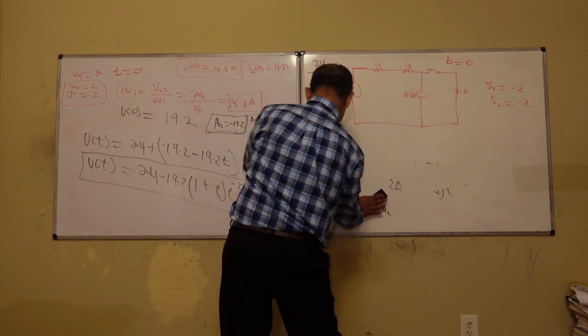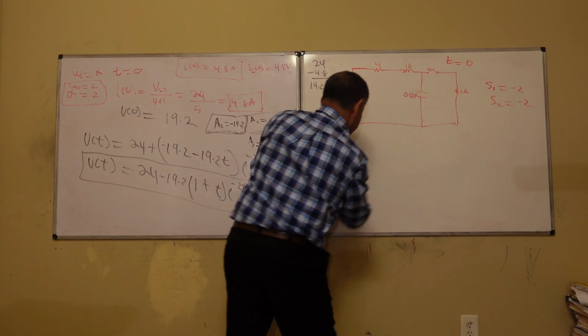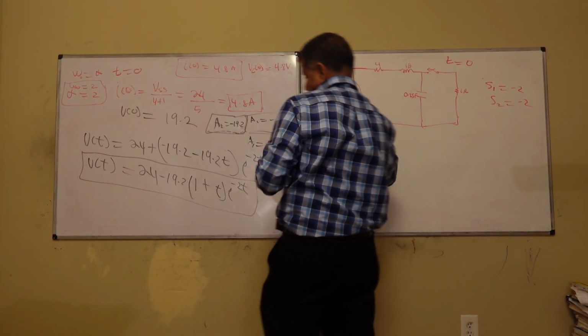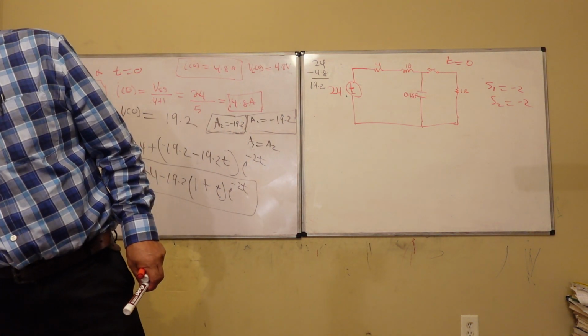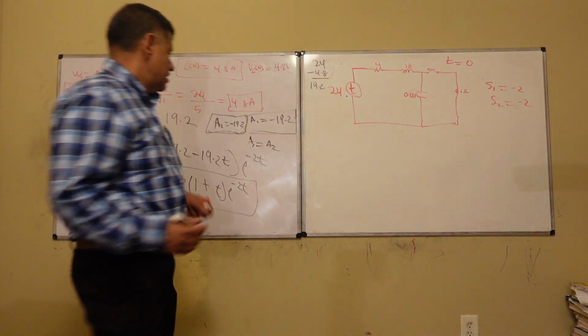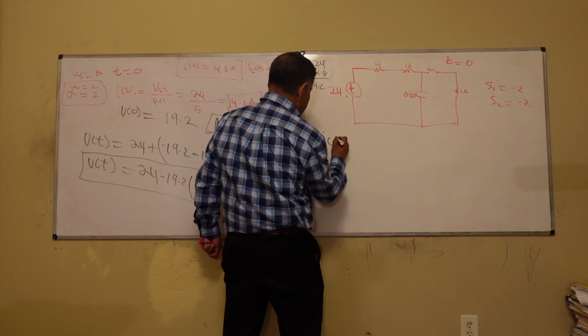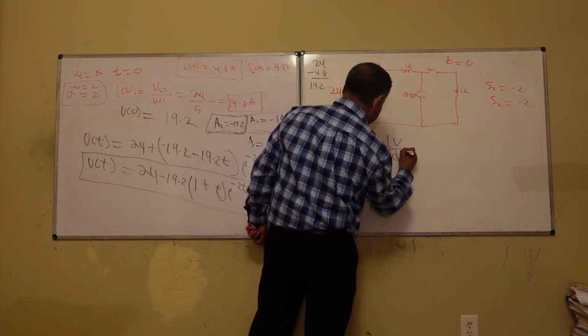Now we know that I of t is equal to c dv over dt.